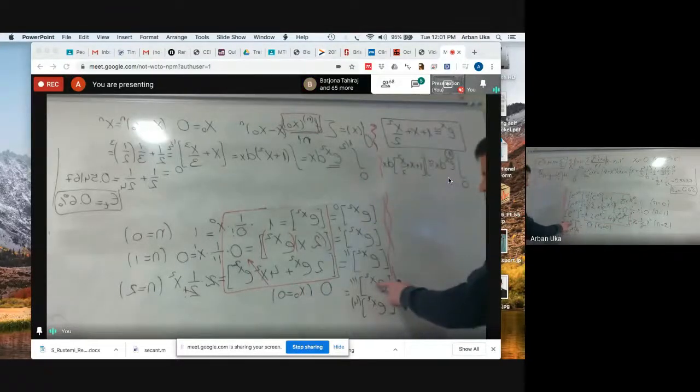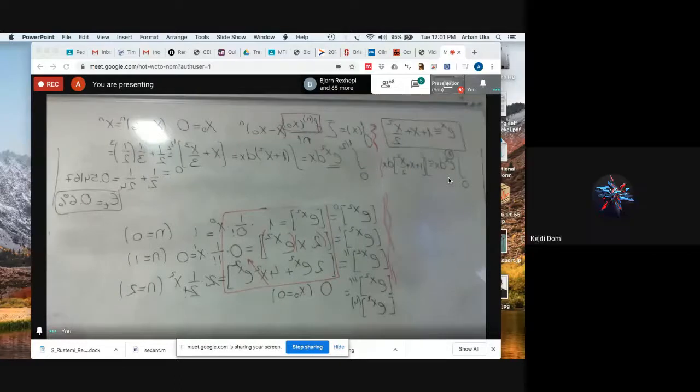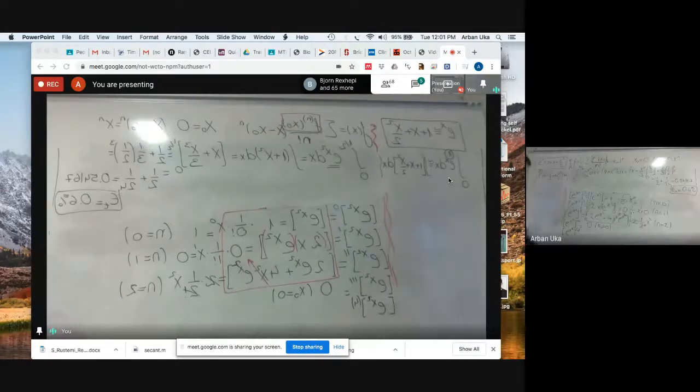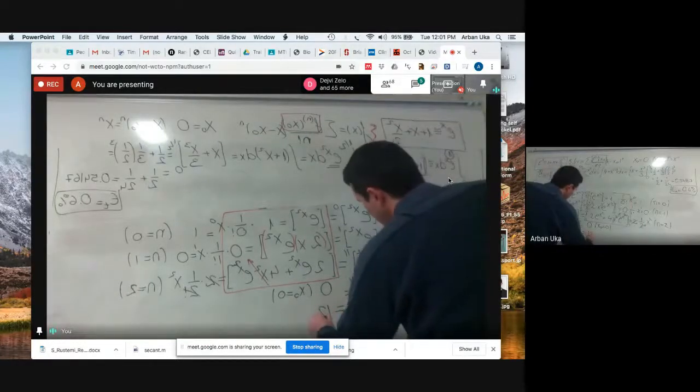I'm talking here about the third derivative of this function. The fourth derivative is going to be equal to 12. That's correct.